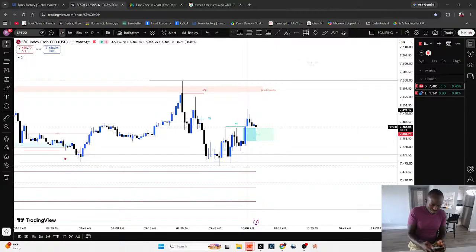Can ES get back below midnight open? Where's my NASDAQ opens? Yeah. Really? That's an ES. What? Okay.